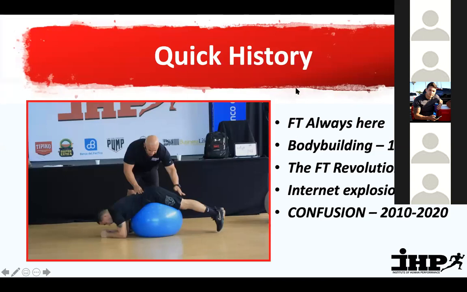All right, quick history. Functional training and functional strength has always been here. Before machines, before even rubber, before weights, all of that, everything we did was kind of functional. If you wanted to be strong in the farm, you worked in the farm. If you wanted to be strong in the battlefield, you marched and ran with your sword and your shield and so on and so forth, and you did your exercises. Remember, a lot of the training was first formulated to prepare armies for battle.